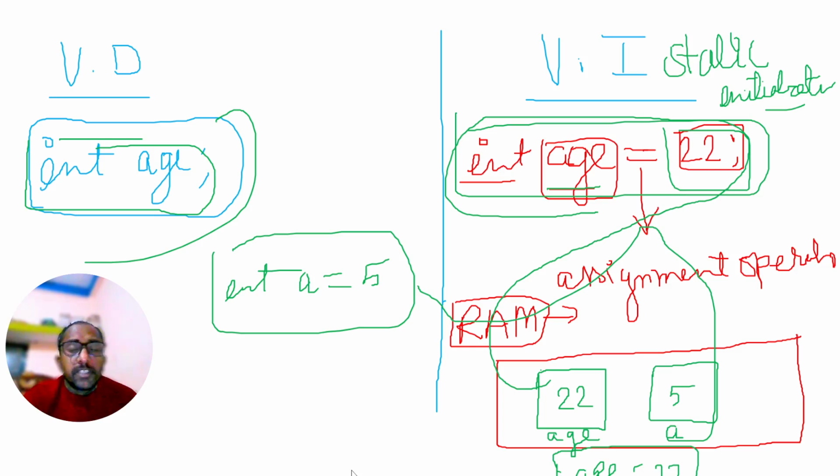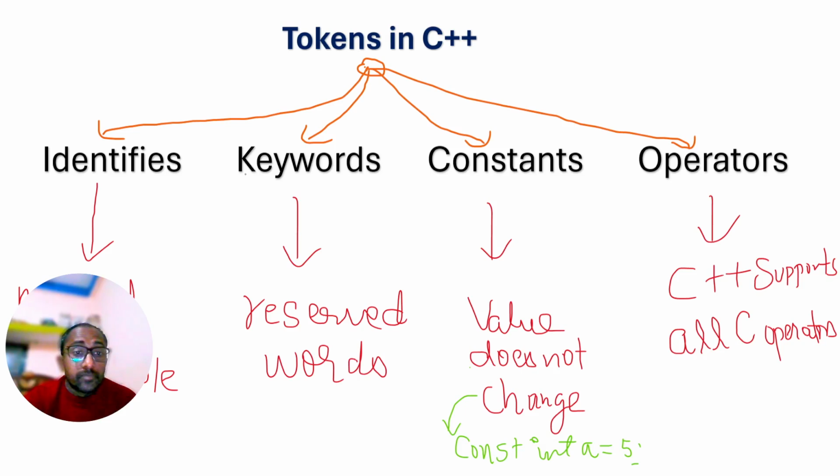In the components of C++, we also see other things, just like tokens in C++. What are tokens? As per the programmers, C++ tokens are things like identifiers.